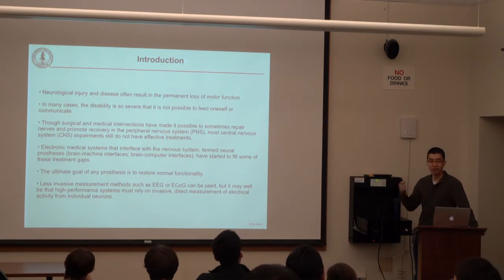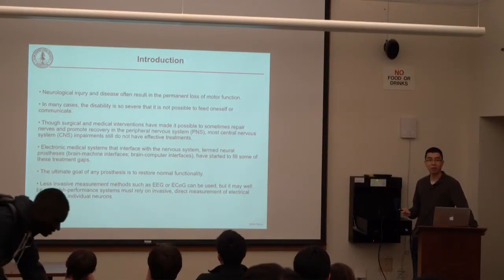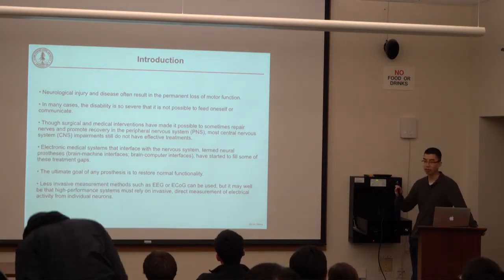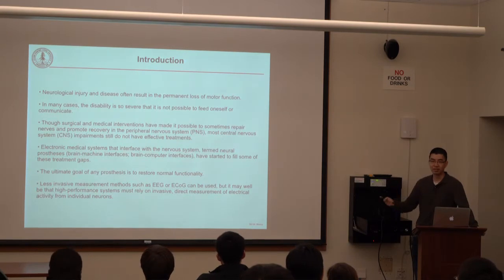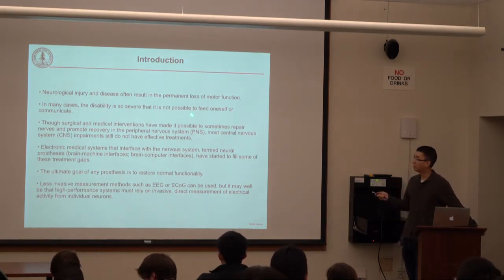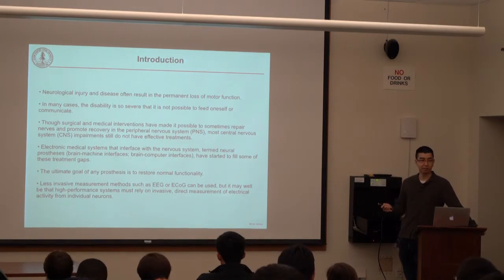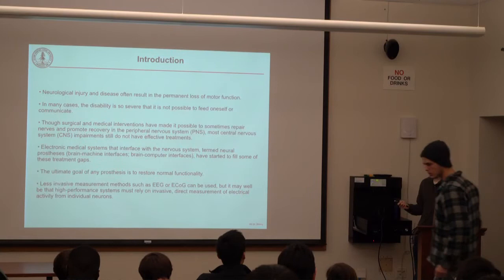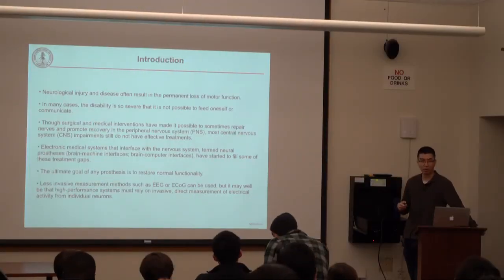ALS is a disease whose causes aren't really well known. But what we know is that it's associated with the death of neurons that control muscles. When those neurons begin to die, you start to lose voluntary muscle control, and that's why it becomes hard to feed yourself or to communicate. A related disease is multiple sclerosis, which was talked about in an earlier lecture.